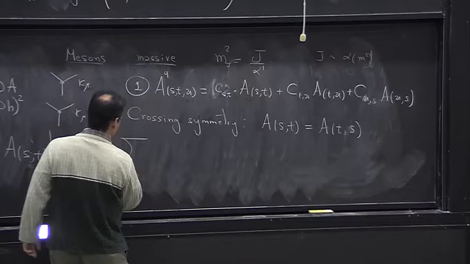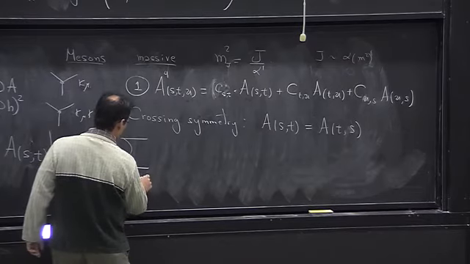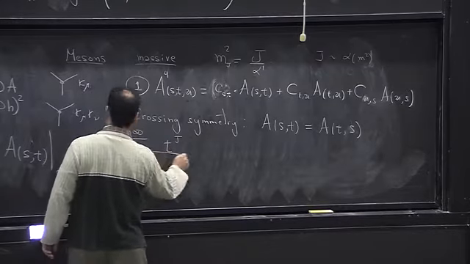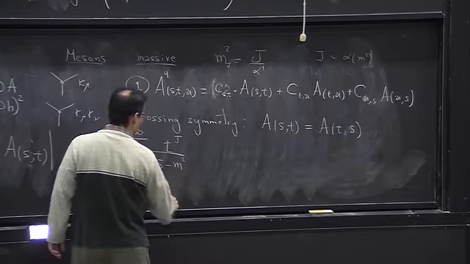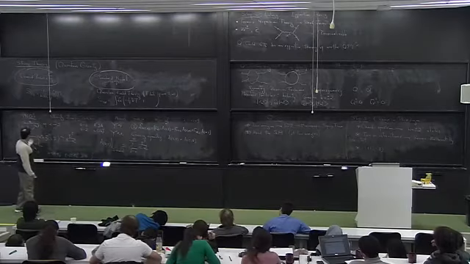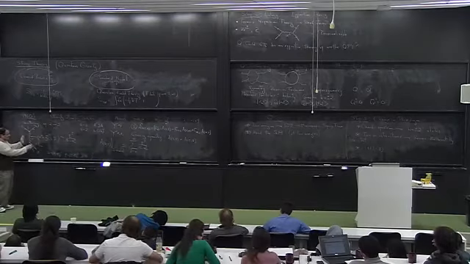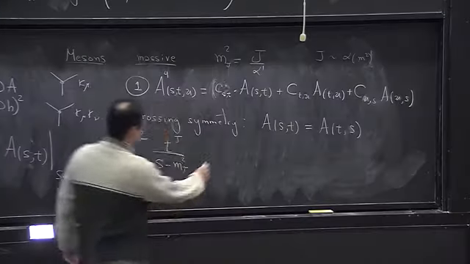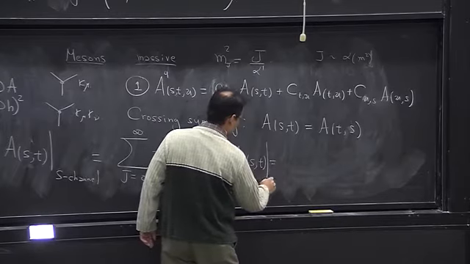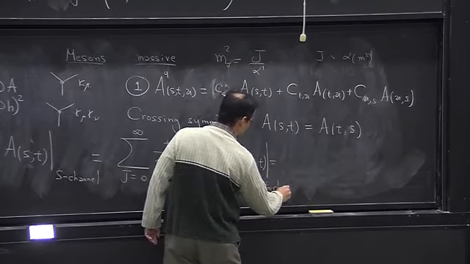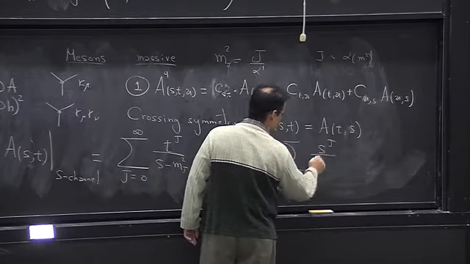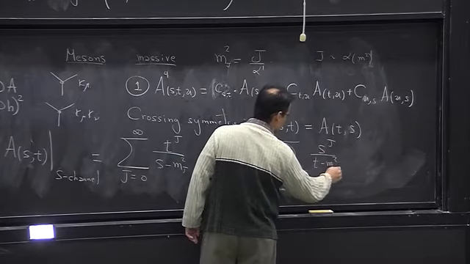We get an infinite sum. It's a sum that runs over j of this Tj over S minus Mj. Okay? That's what we get in the S channel. Now, in the T channel, we get a sum over S to the j over T minus M squared j.